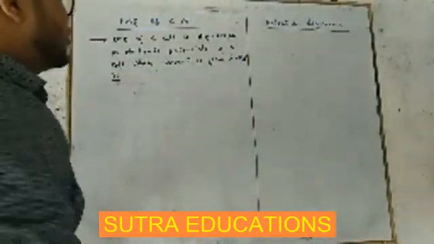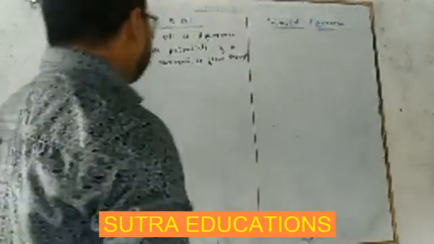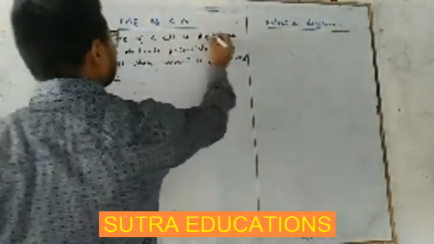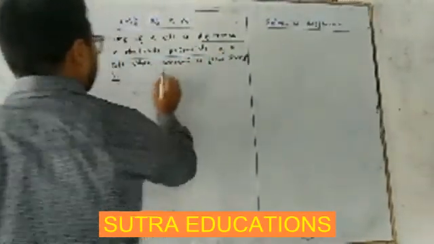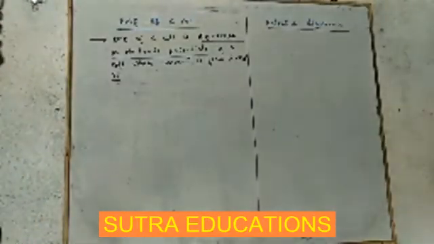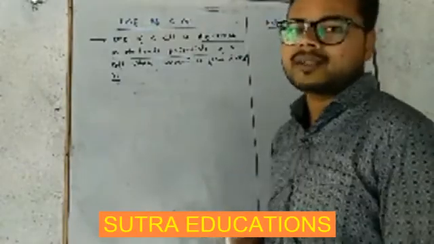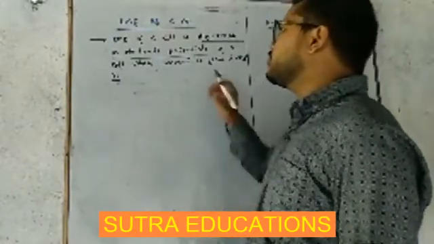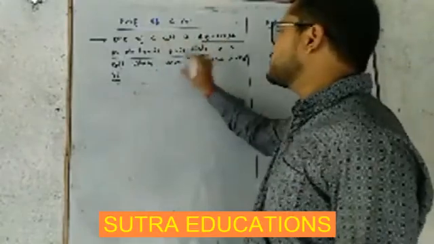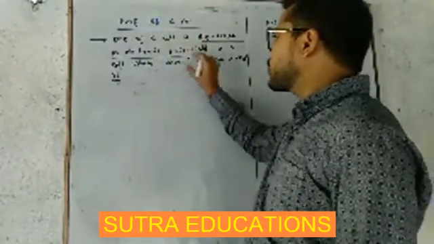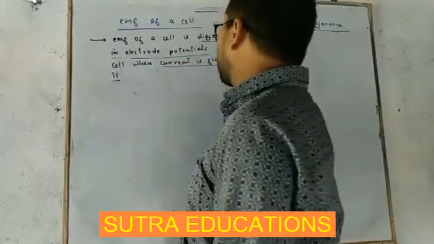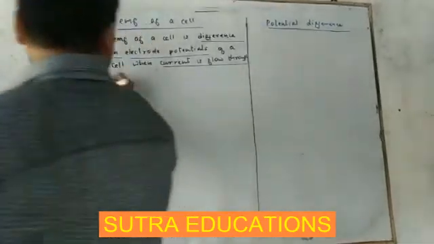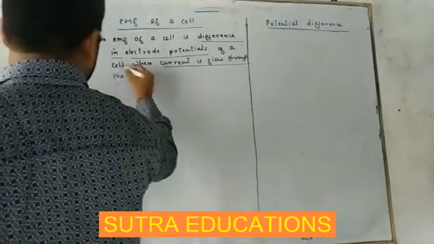EMF of a cell is the difference in electrode potentials. We know two types of electrodes are there, one is cathode and one is anode. So EMF of a cell is the difference between electrode potentials of a cell when current is flowing through the cell.